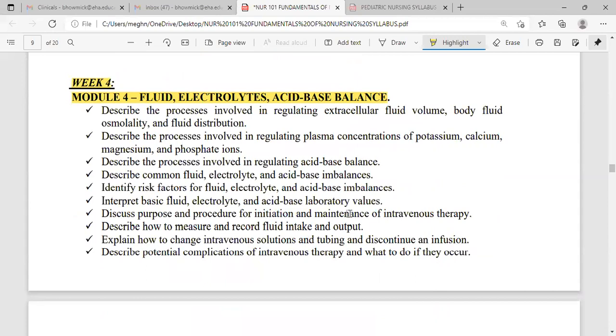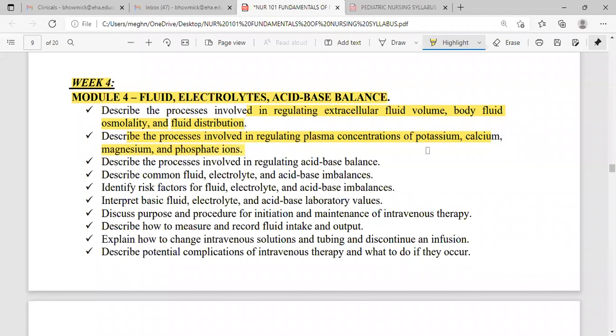Week 4, module 4, basically talks about fluid, electrolyte, and acid-base balance. Describe the processes involved in regulation of extracellular fluid volume, body fluid osmolality, and fluid distribution. Describe the processes involved in regulating the plasma concentration of potassium, calcium, magnesium, and phosphorus ions.